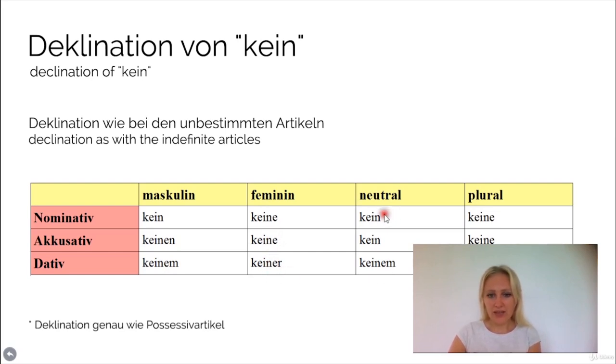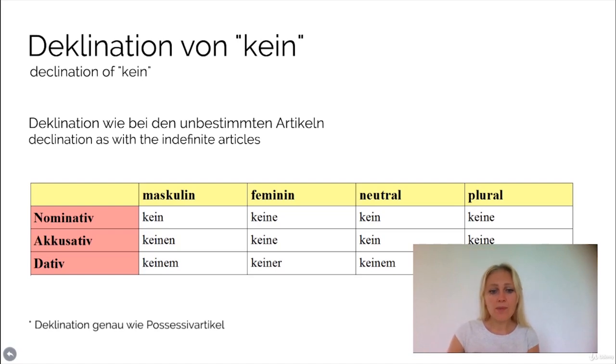The neutral form is exactly the same as the masculine in the nominative, it still stays kein in the accusative, and in the dative it's keinem. The plural is keine in the nominative and accusative, and keinen in the dative.